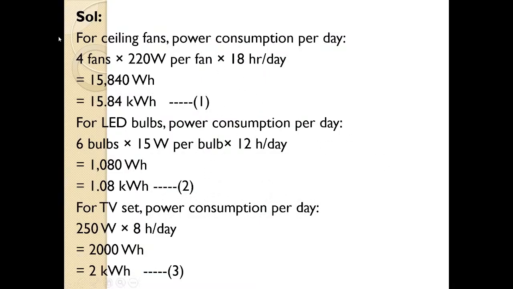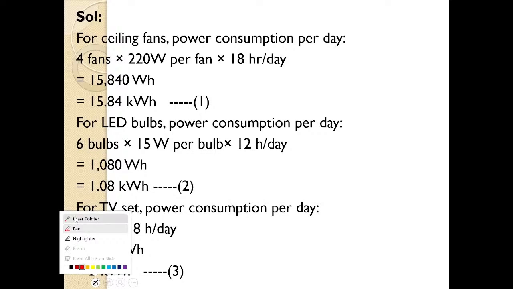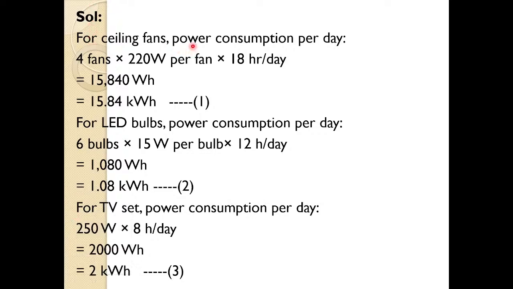I will take the laser because I'm unable to. Ceiling fan power consumption per day: four fans are there, 220 watts power rating of each fan, and it operates for 18 hours. So 4 into 220 into 18, you just calculate it. You will get around 15840.